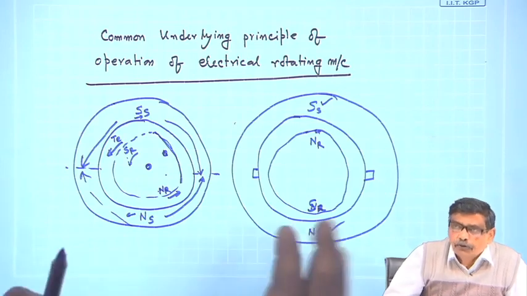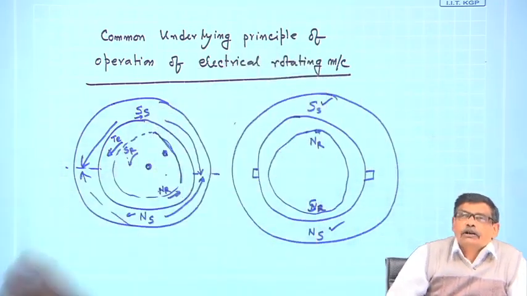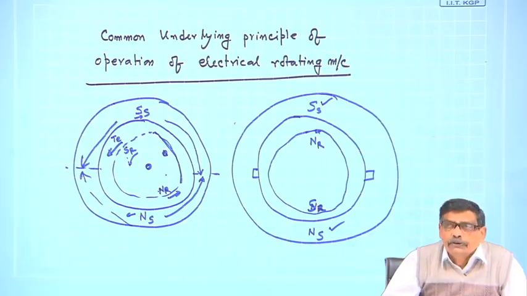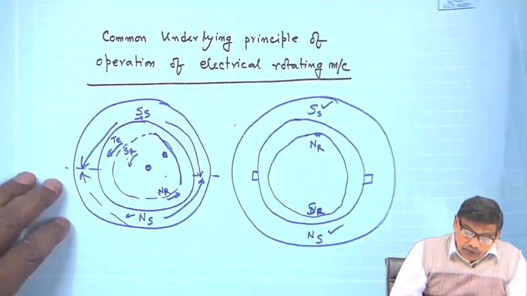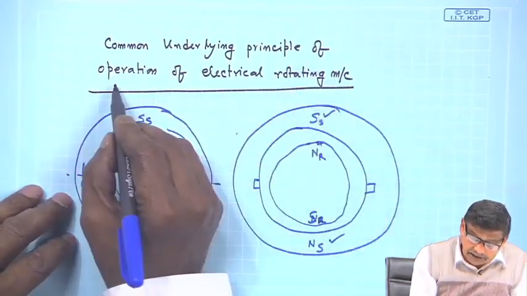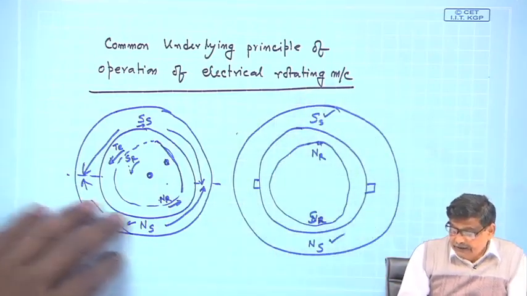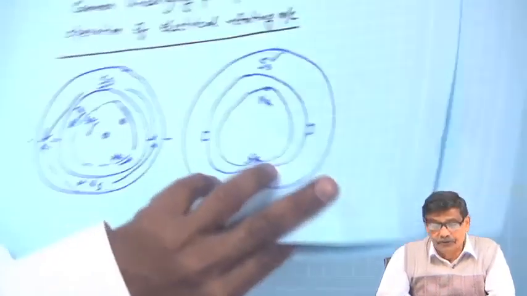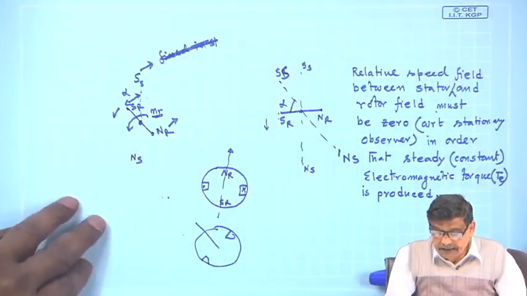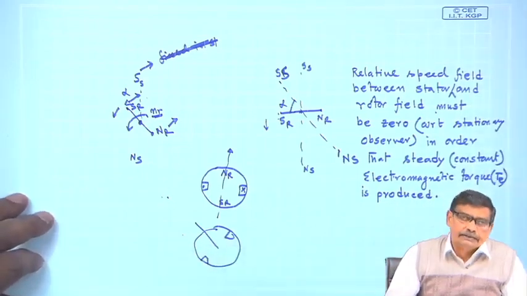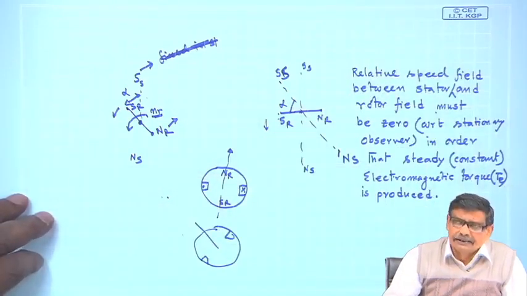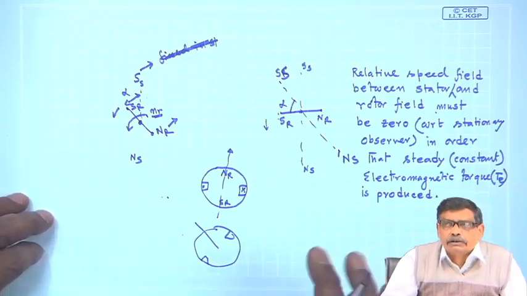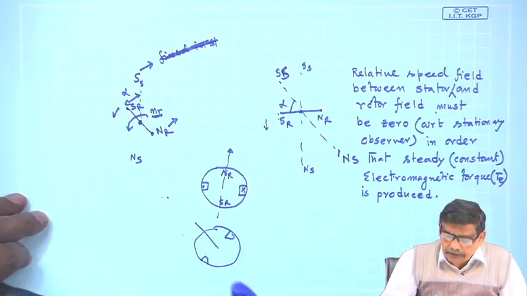So, let the rotor move, and the rotating stator field will also move, such that the angle between these two remains constant and gives you sustained torque. So, the common underlying principle under this heading, one condition is that the relative speed between the stator and rotor must be 0 all the time. During transient conditions it may change, either it will accelerate or decelerate, but in steady state I must demand that steady electromagnetic torque is produced out of any motor.